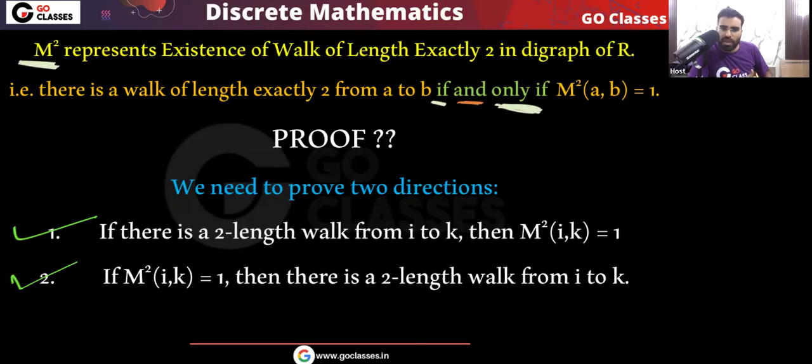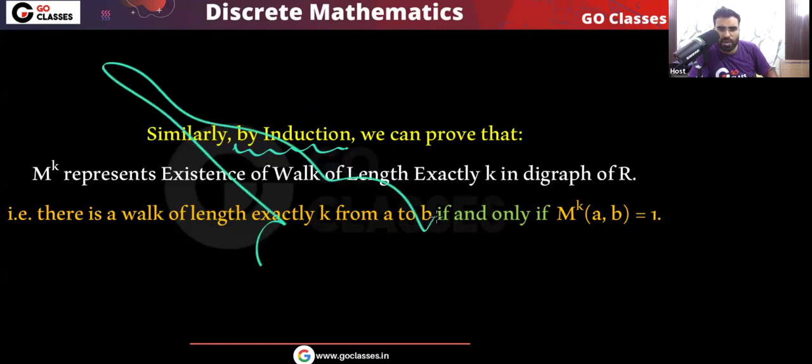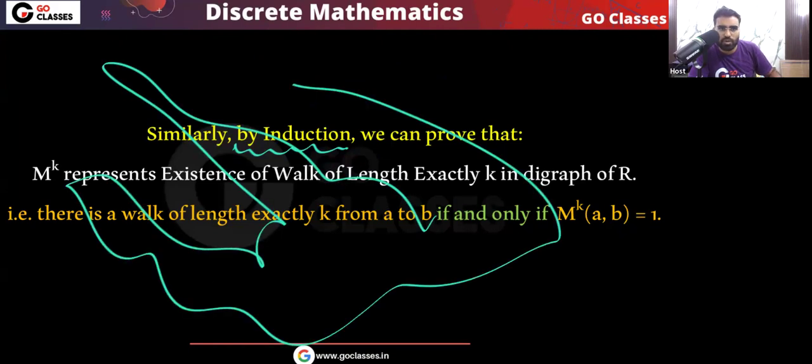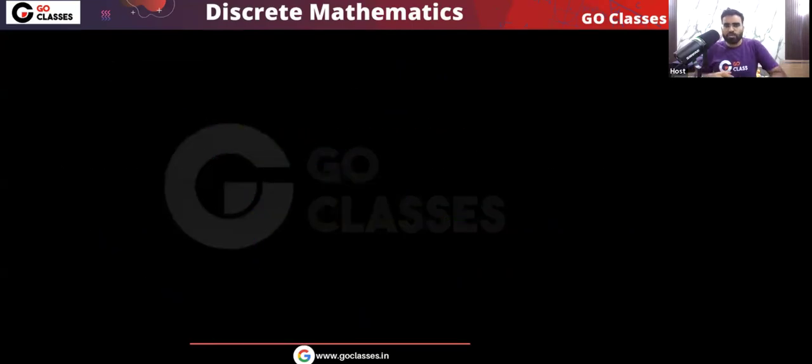Now remember, for M power 3, M power 4, M power k, you can just use induction. We will not do that, but you already have the idea. By induction you can prove for M power 3, M power 4, M power 5, M power 6, and so on. We will not do that, because my target was to explain the proof for M power 2.